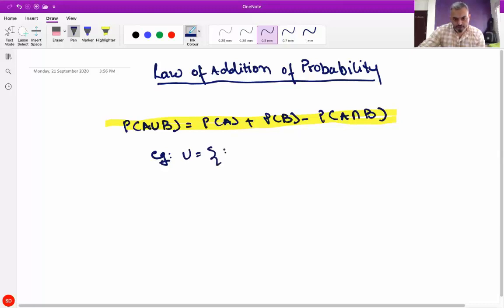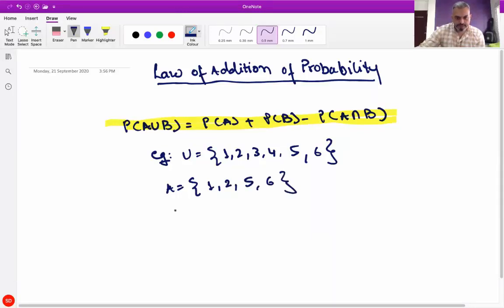U is equal to 1, 2, 3, 4, 5, 6. A is equal to 1, 2, 5, 6. B is equal to 2, 3, 5. So what will be A union B?